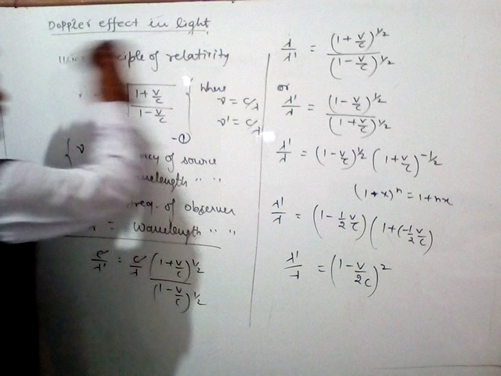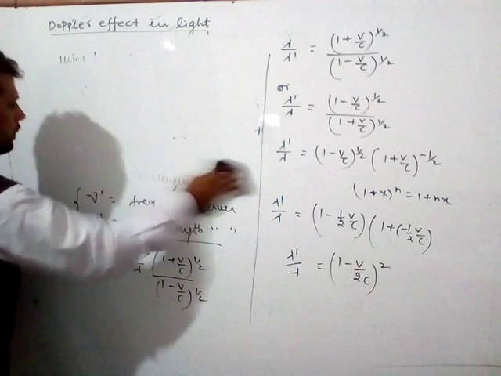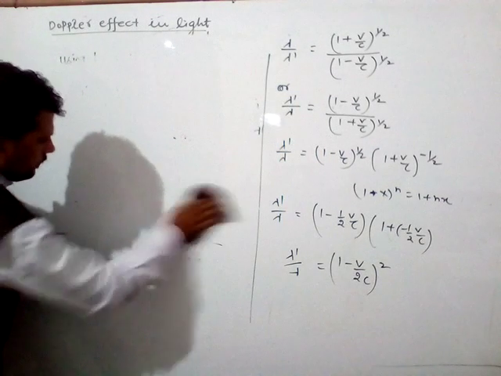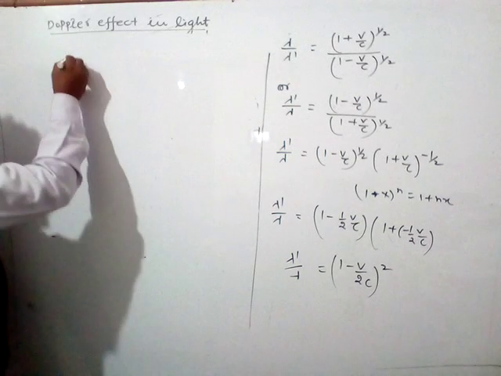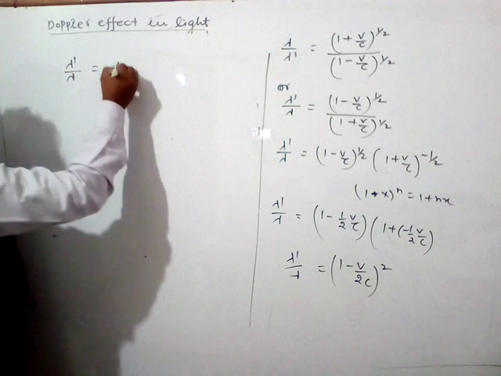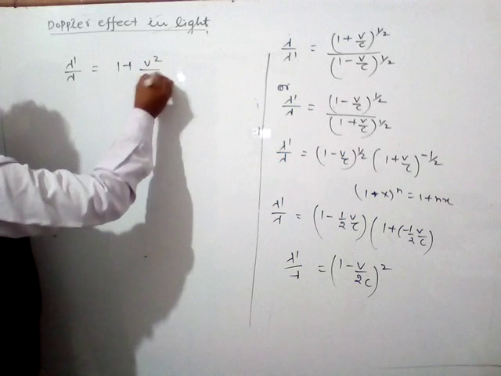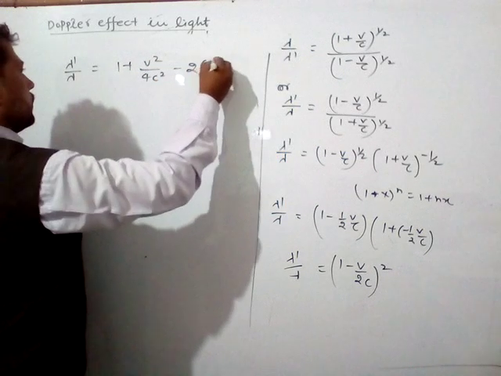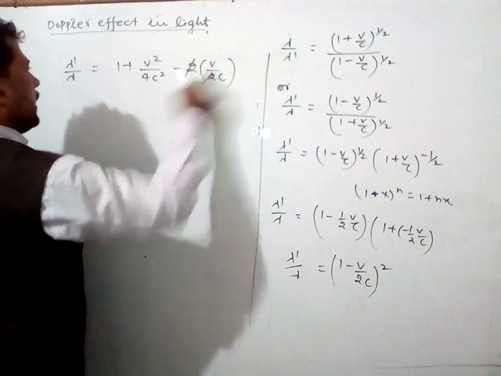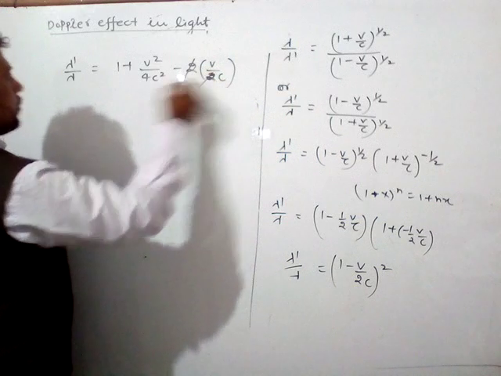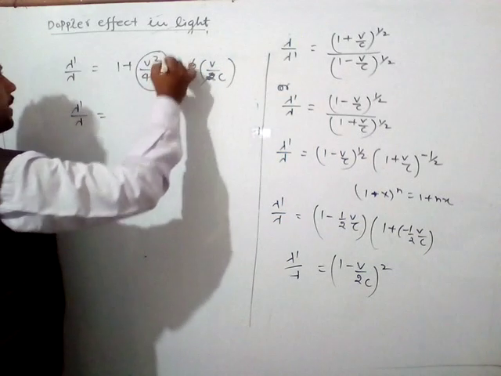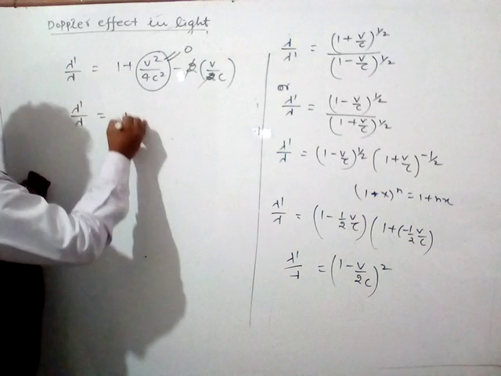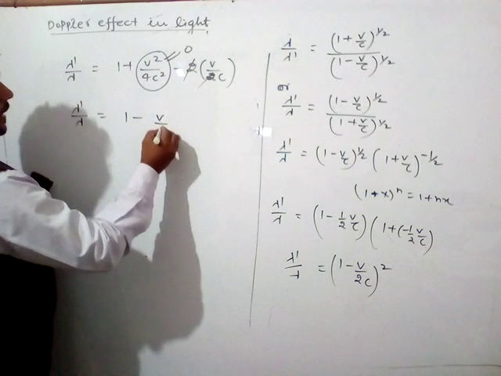So let me explain this square. Lambda dash by lambda equals 1 plus v square by 4c square minus 2v by 2c. Okay, so 2 से 2 कैंसिल आउट हो जाएगा, lambda dash by lambda, और ये हायर टर्म है इसको हम नेग्लेक्ट कर देंगे. सो 1 minus v by c बचेगा केवल.